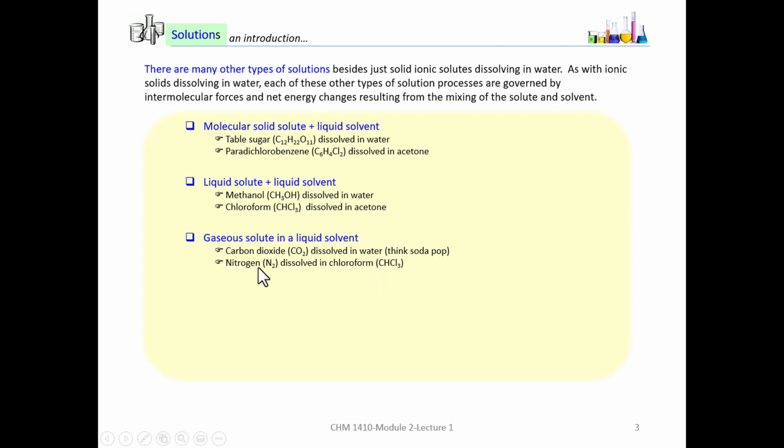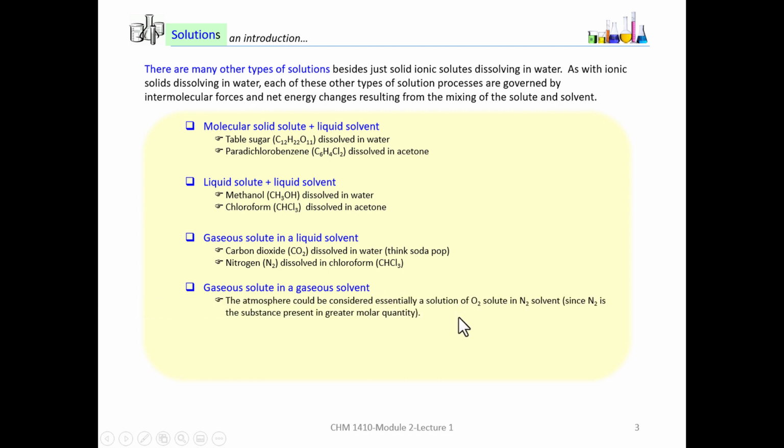So we've got a gas dissolving in a liquid. How about a gas solute in a gaseous solvent? Well, easy to come up with an example here. The atmosphere could be considered essentially a solution of oxygen acting as a solute in a nitrogen solvent, since nitrogen is the substance present in greater molar quantity in the atmosphere.